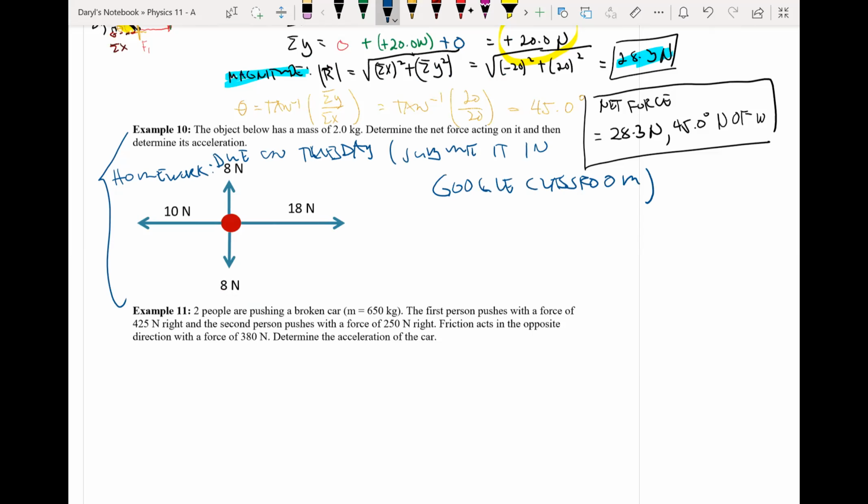So example number 10 and 11 would be your homework, and you need to submit them on Tuesday. Okay.